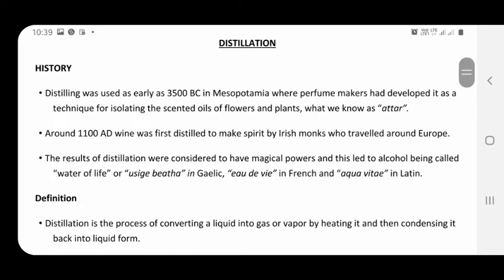Here you can see the distillation process.